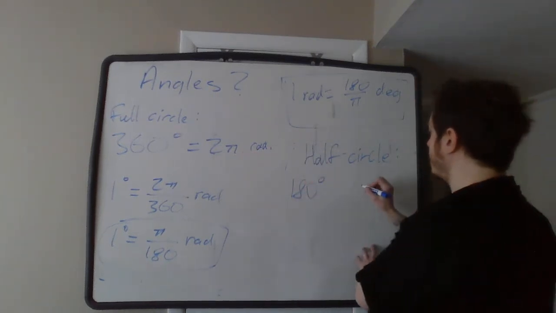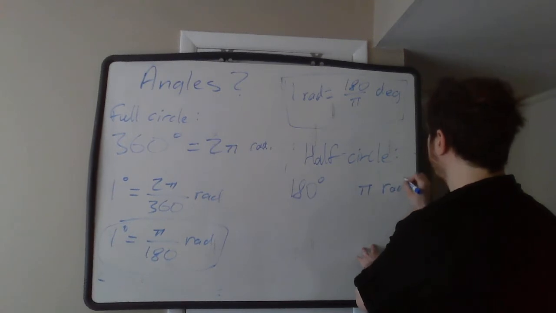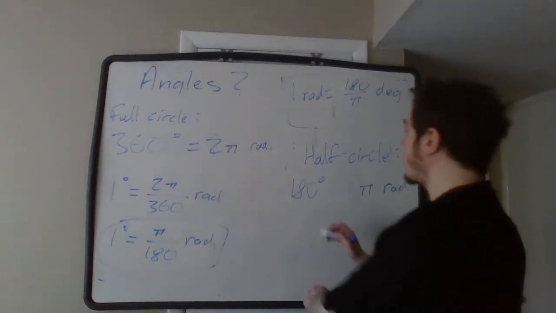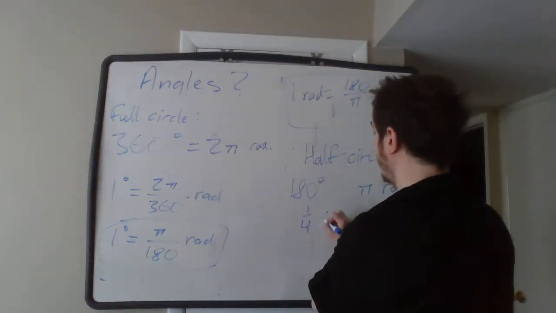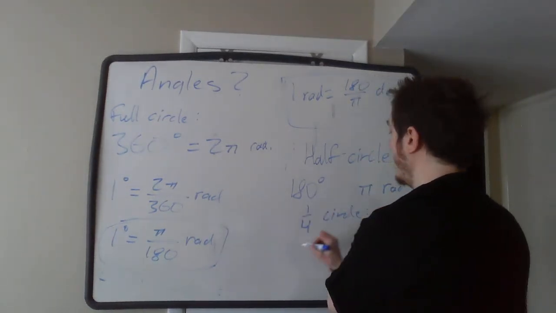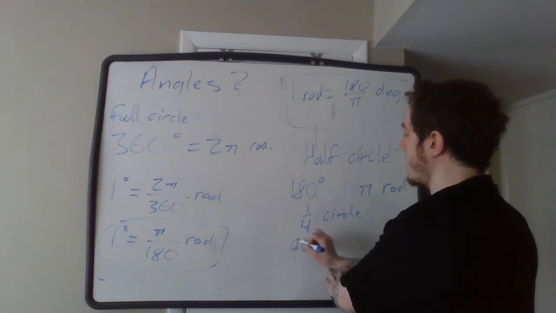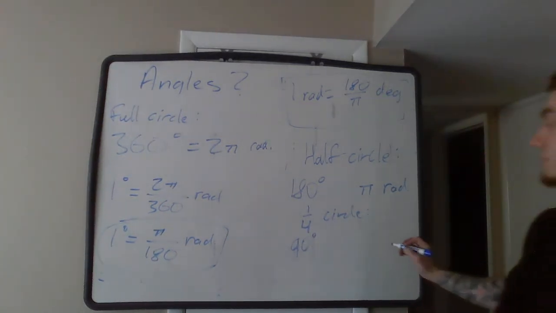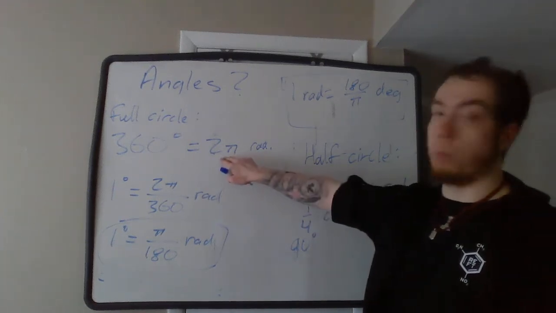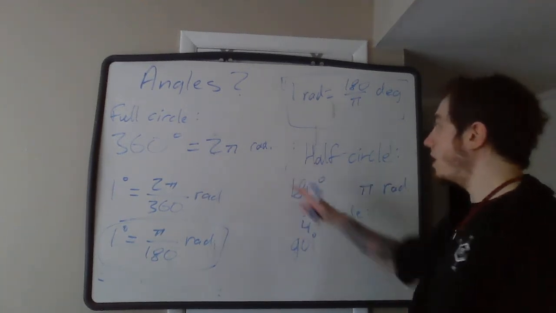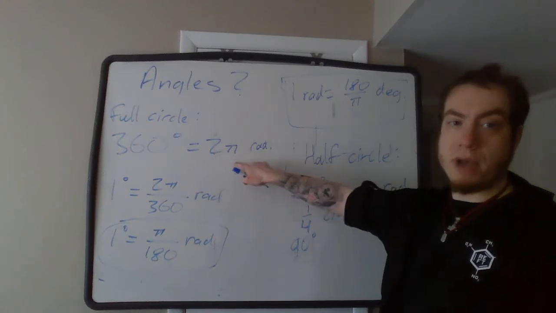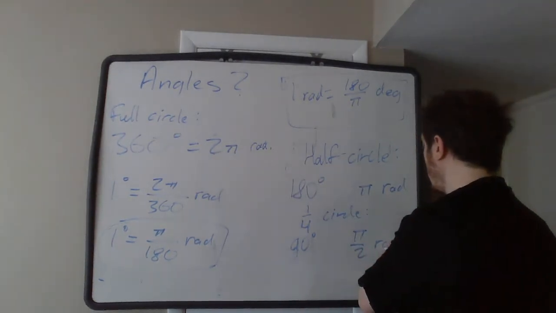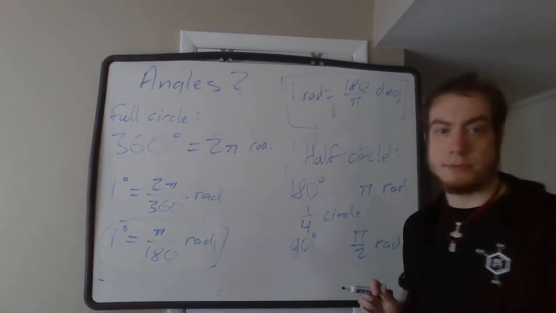That means that it is also pi radians. 1/4 circle, well, we said that this is 90 degrees. Sorry, that 9 was pretty terrible. 90 degrees is 1/4 circle, but it's also 1/4 of 2 pi radians. Well, 1/4 of 2 pi radians is going to come out to be pi over 2 in radians.